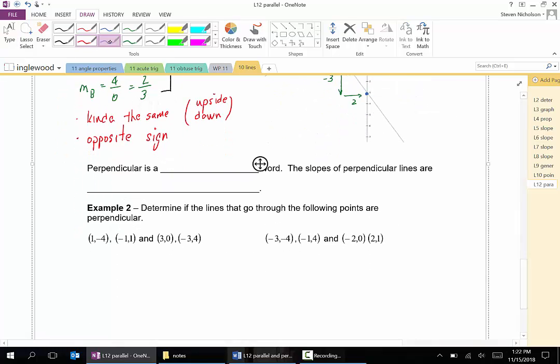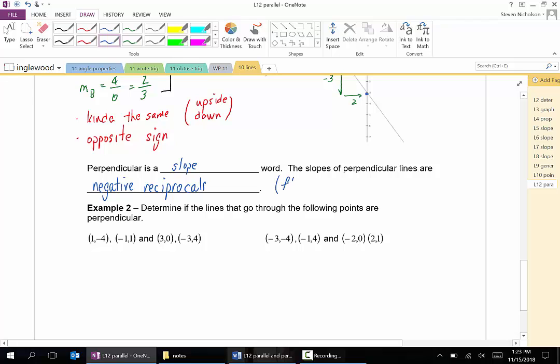So perpendicular is a slope word. As soon as you see the word perpendicular, then in order to show something is perpendicular or not, you're going to have to find the slopes, and the slopes are related. The slopes of perpendicular lines are negative reciprocals. They're not equal to each other, but there is a funny relationship. They're negative reciprocals. Now that's a really horrible word.